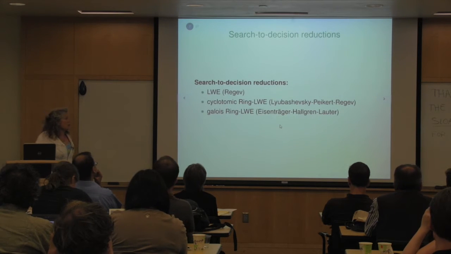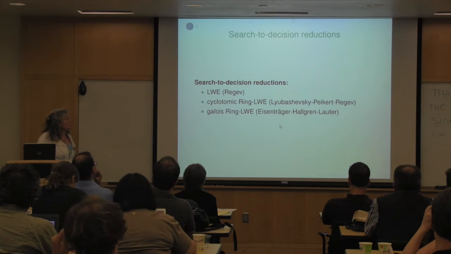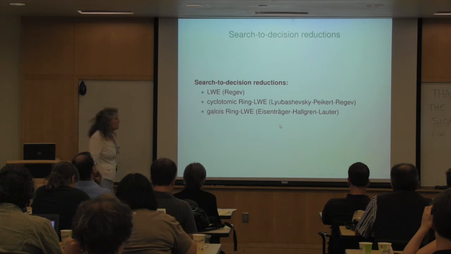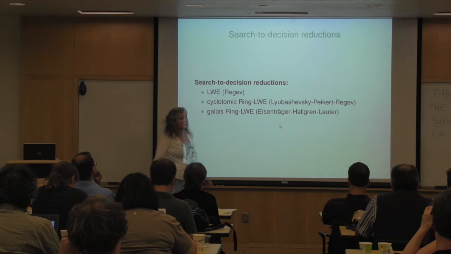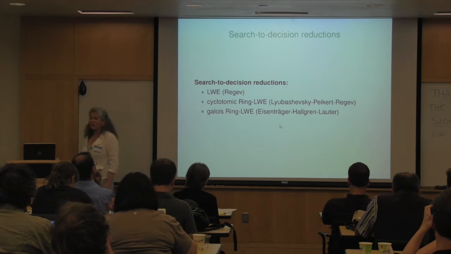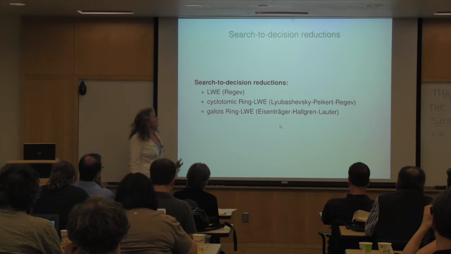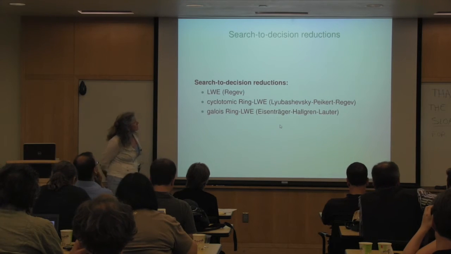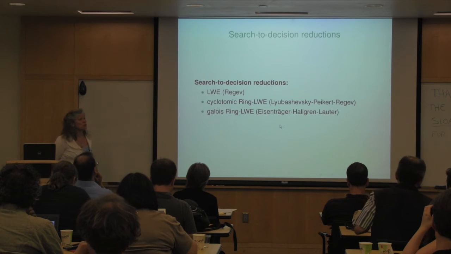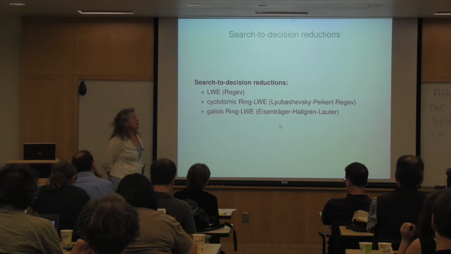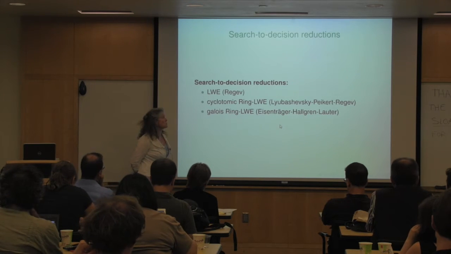Okay, so far I've talked about two different versions of these problems, the search problem and the decision problem. Obviously it seems like the search problem is harder, right? If you can solve the search problem, you can definitely solve the decision problem. But in fact, there are cases where you can show that solving the decision problem is enough, that you can actually use the decision problem to solve the search problem.